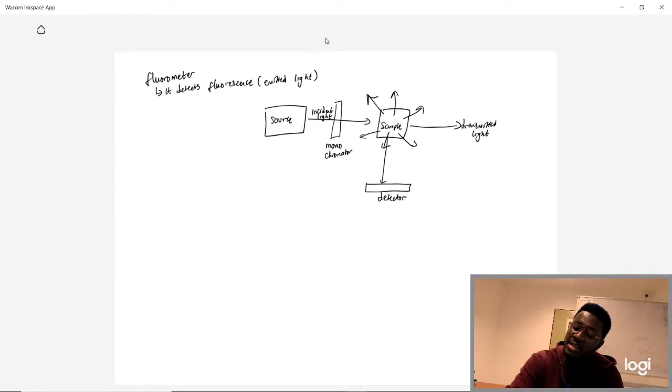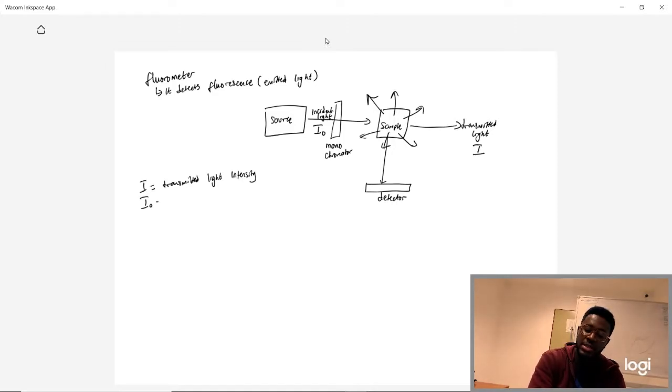Your transmitted light is given as I, and your incident light is given as I0, the incident light intensity.